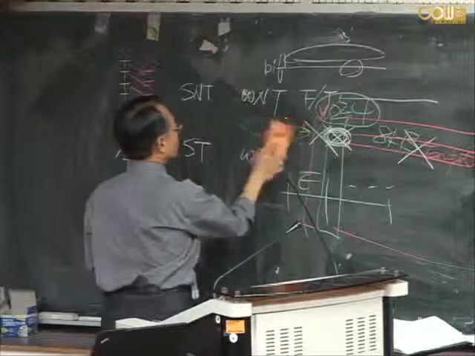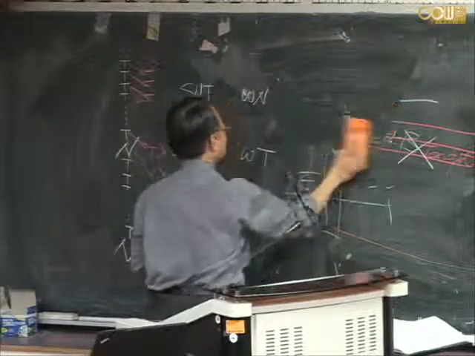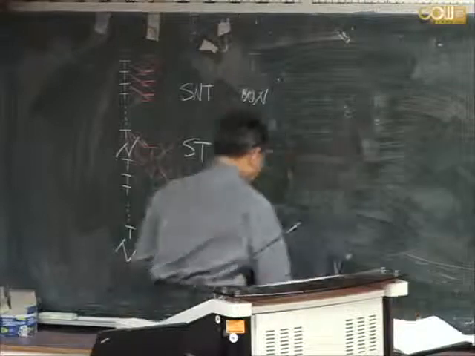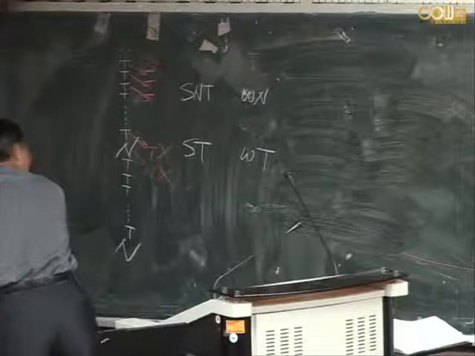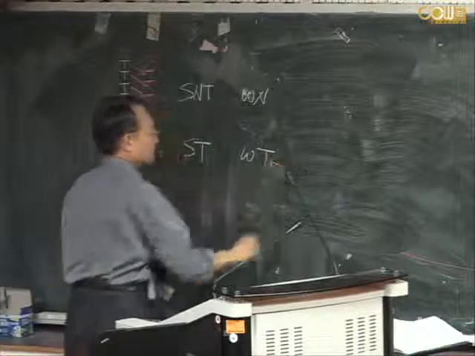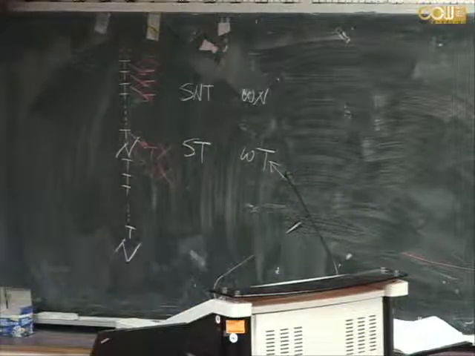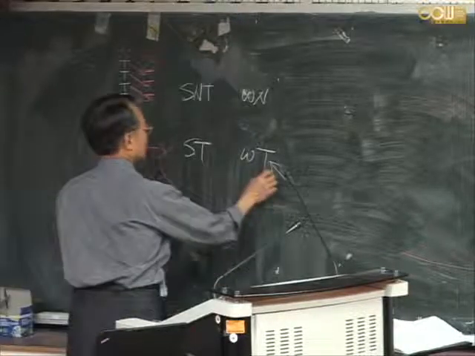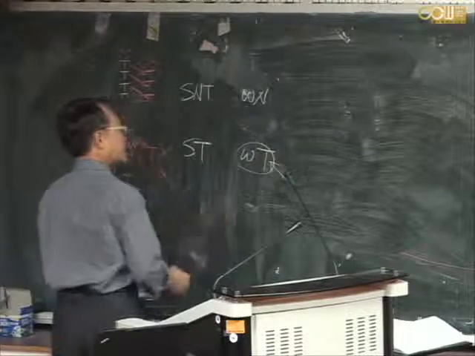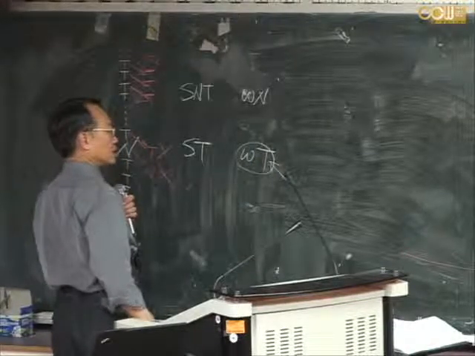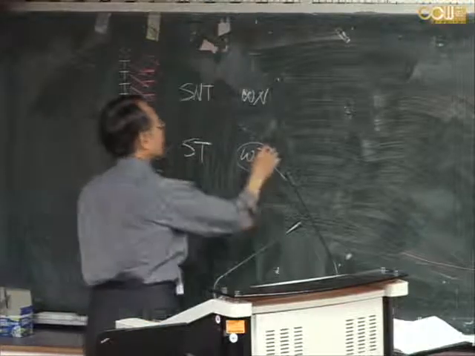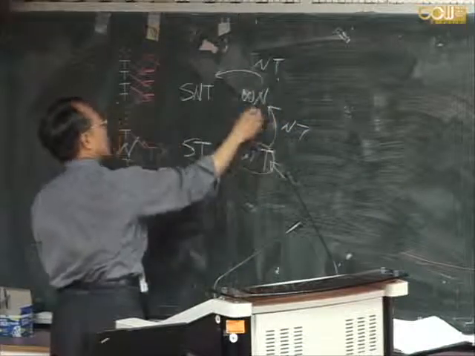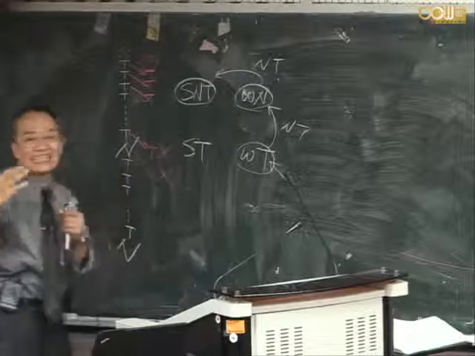So I have these 4 prediction possibilities. Whenever a branch is newly encountered, I enter into this state, because most branches tend to be taken branches. Next time when I see it, if it's not taken, then I do a state transition.